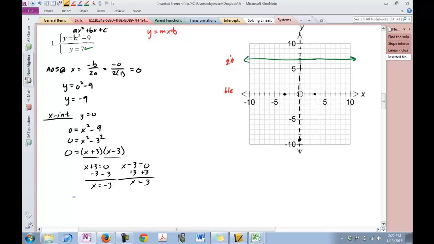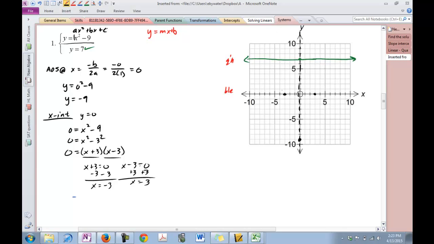And then I note that I have 3 points here. Now a quadratic, to be a nice quadratic, should have at least 5 points. Now remember before, once I ran out of special points, axis of symmetry, x-intercept, y-intercept, once I did all those, I could always just put in a number and get another point on the graph. Now I'm going to choose my point wisely. Okay, I know what this graph should look like. It should be a U shape, right? The x squared is positive, so it should be a U shape.